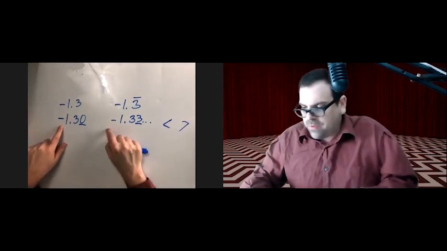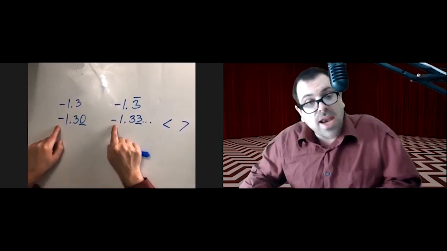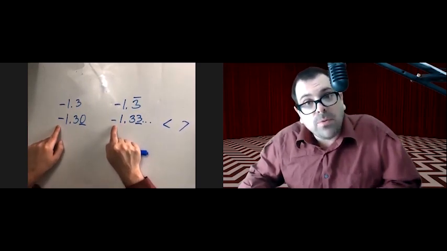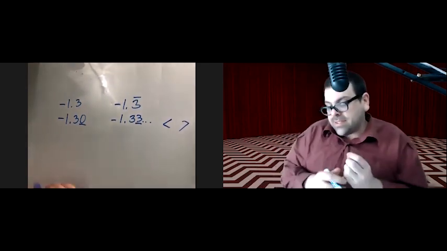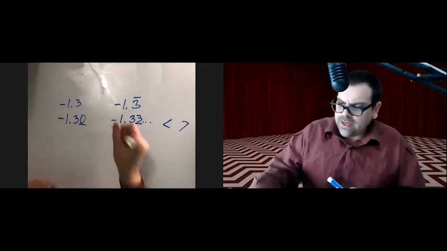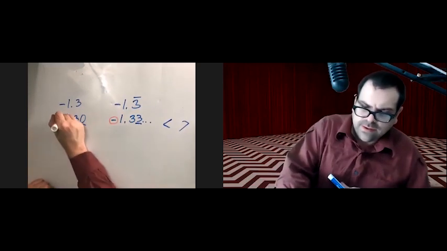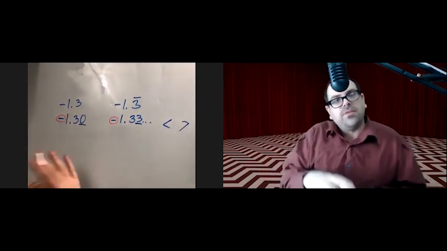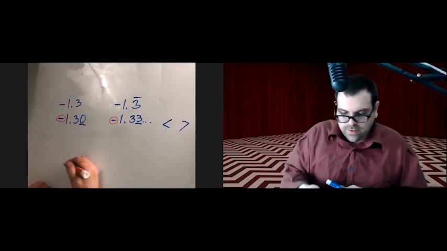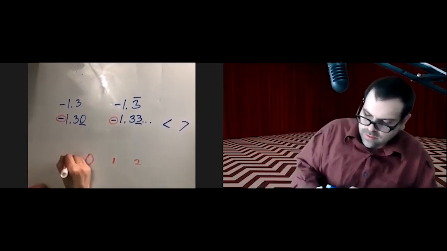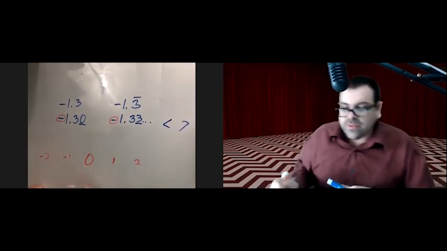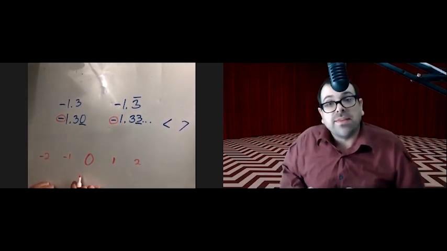So I went through to compare these and I said, the negative 1 is the same on both. And I kept going. But what that does is it overlooks that on the other side of 0, things work the opposite of the way that they should.